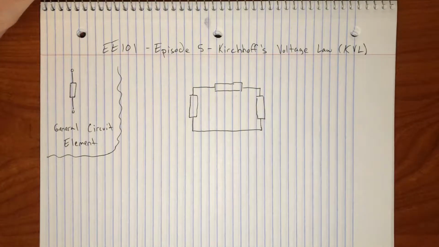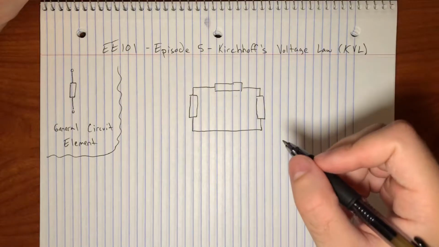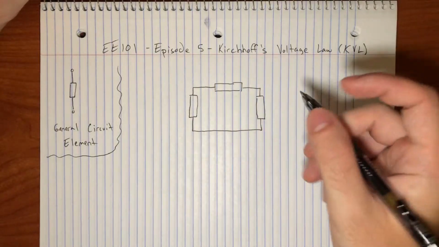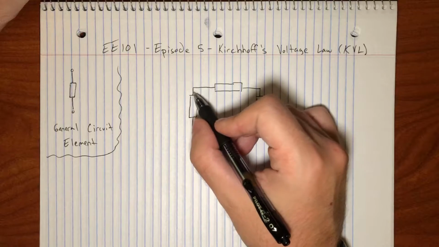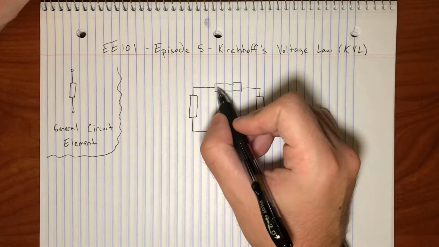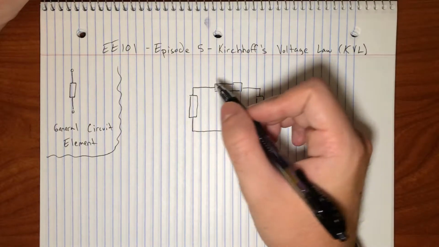And so what do I mean by loop? Well, if you remember from the last video, I defined a node, a circuit node, as one of these spots that connects one or more circuit elements via this wire or this line or ideal conductor, as I described in the last video.